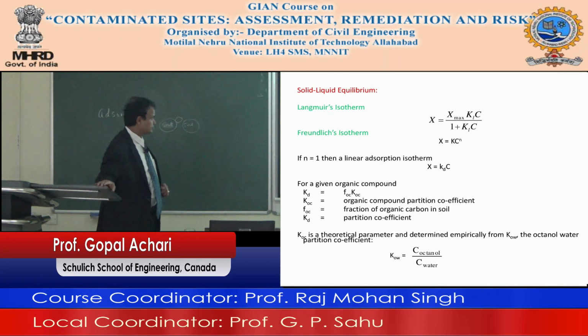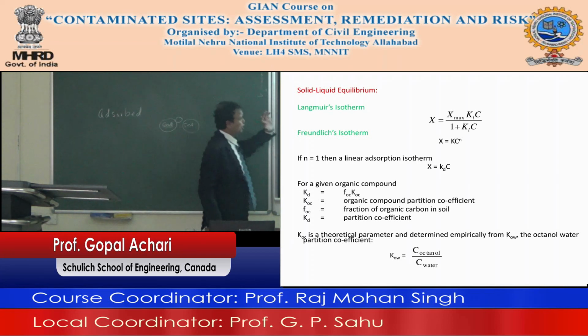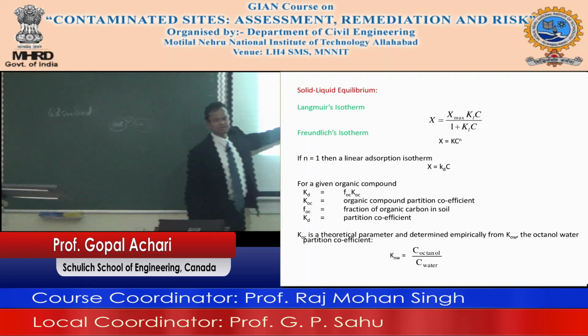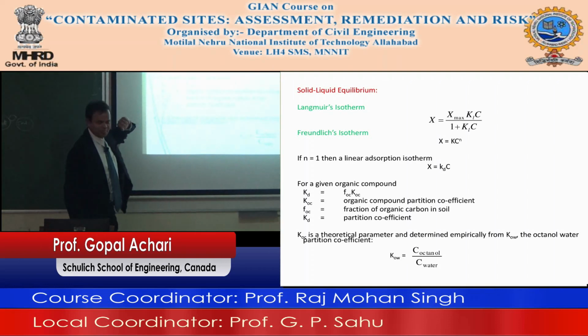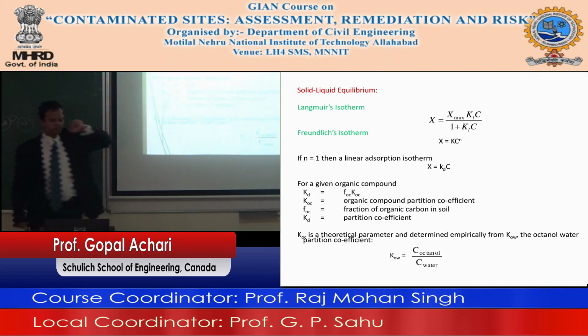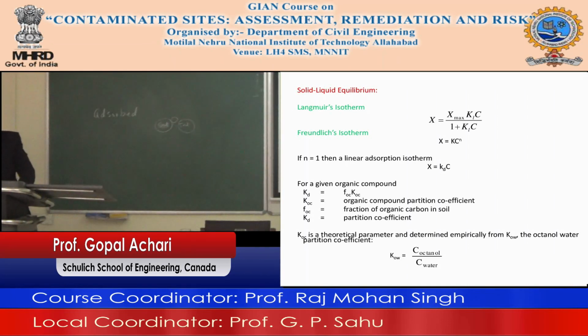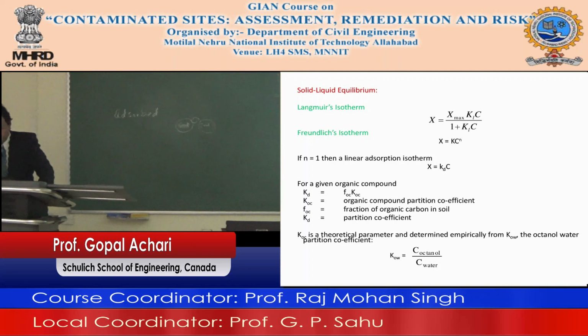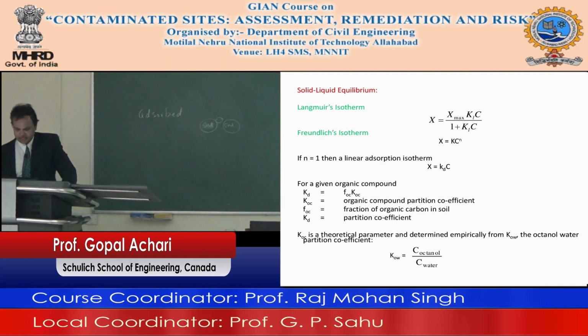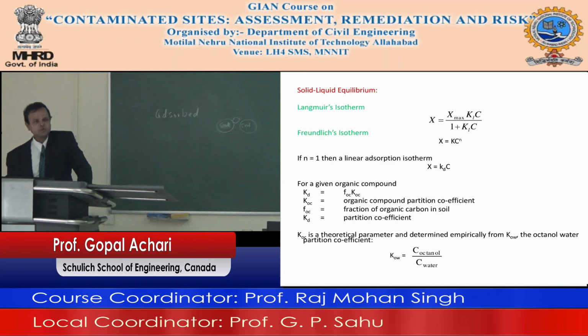Okay, but for organic compounds, there is a little bit of a shortcut. The shortcut is that if you want to use this one here, you only need the Kd, right? If you only need the Kd, for organic compounds, what did we say?